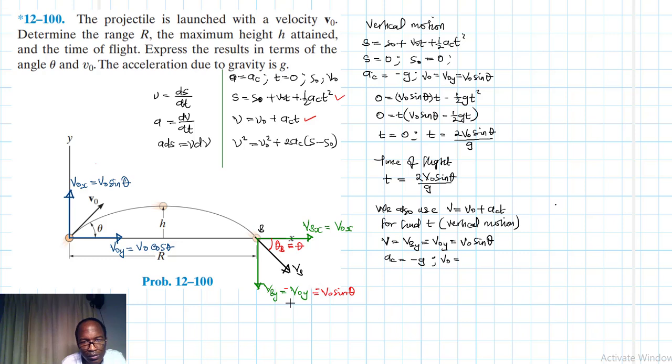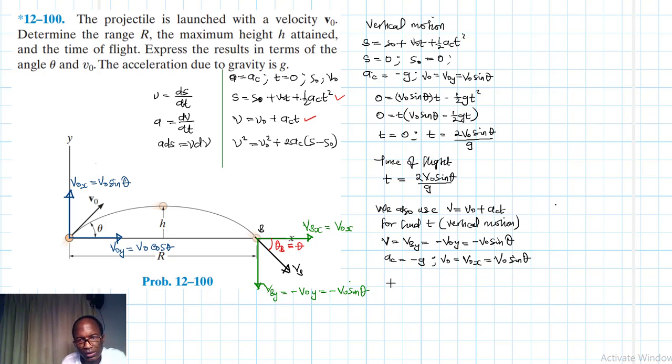Let me just write this properly. This is minus v_Oy, which is equal to minus v naught sine theta, and then v naught is equal to v_Oy, which is equal to v naught sine theta.